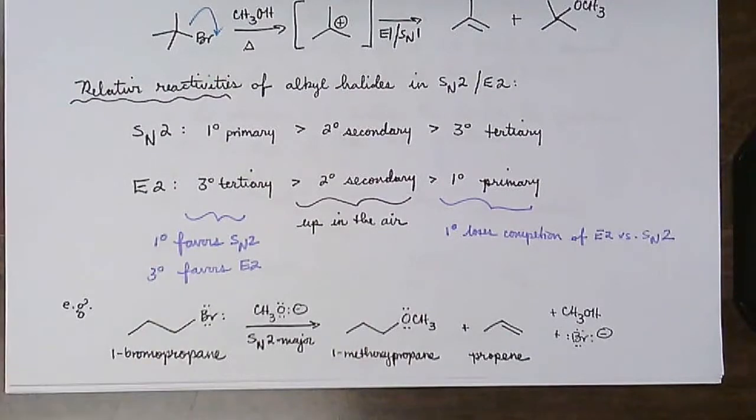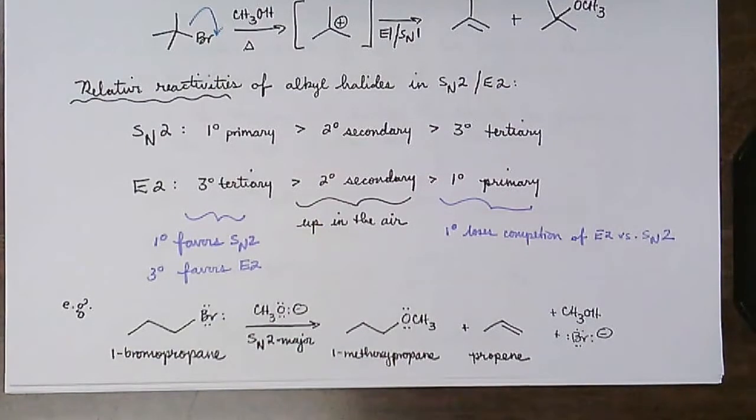E2 eliminations are fastest with tertiary alkyl halides, and therefore we could say that E2 is favored in tertiary, and alternatively primary favors SN2 reactions. Secondary alkyl halides are sort of up in the air, so you have to juggle the reaction conditions and the steric nature of both the electrophile and the nucleophile.